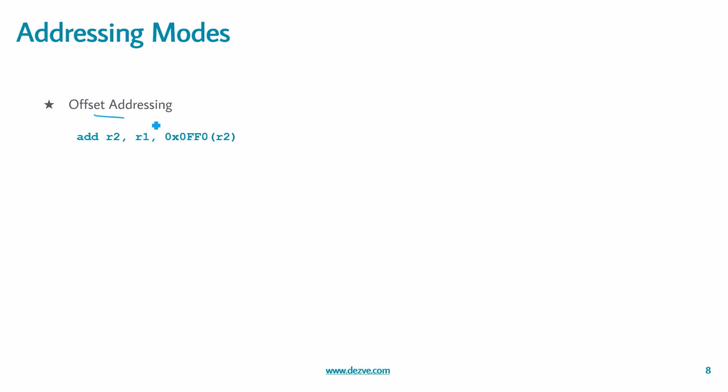Offset addressing. This is similar to register indirect addressing. So we have opcode S1, S2, DST. In this case, we are provided a register number.